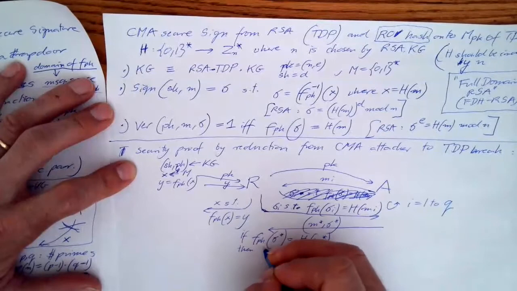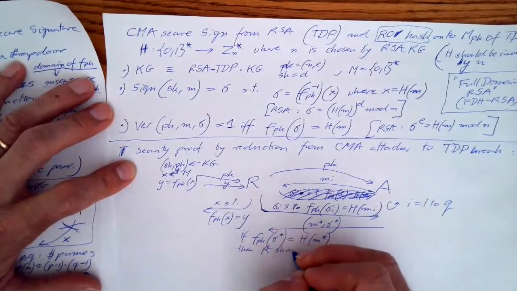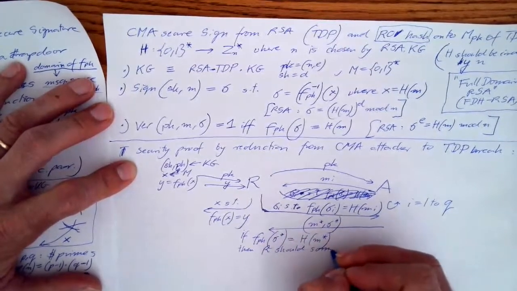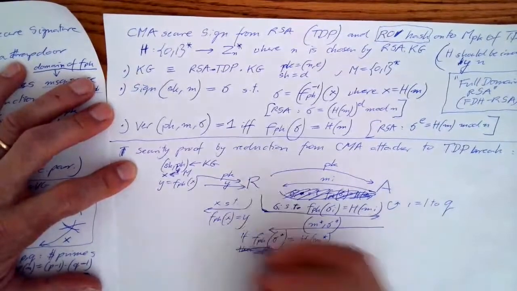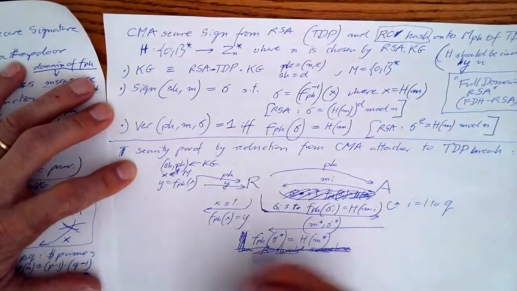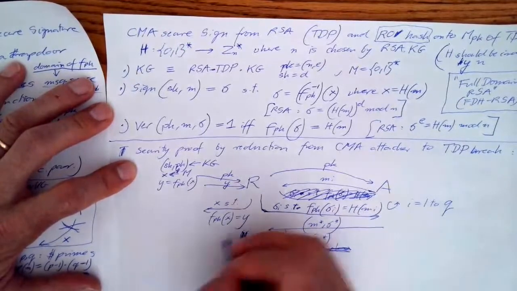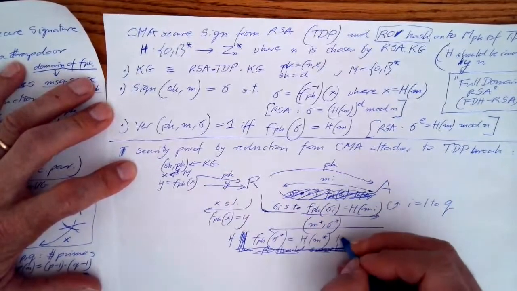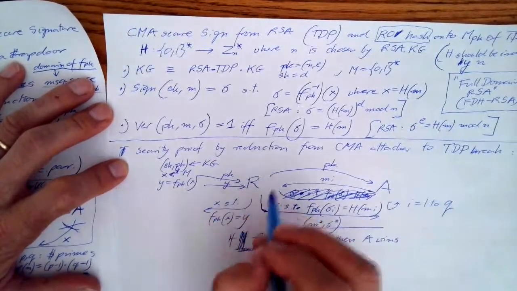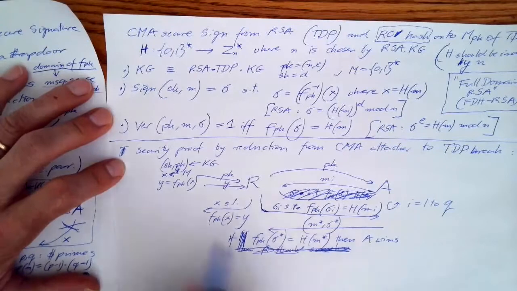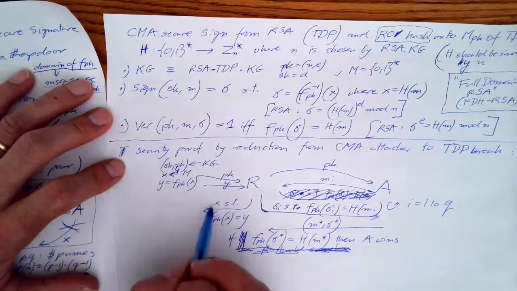Then R should somehow get X. Okay, well, so let's just assume this. So if this is true, then A wins. And we want the reduction to win at the same time, right, in its game.